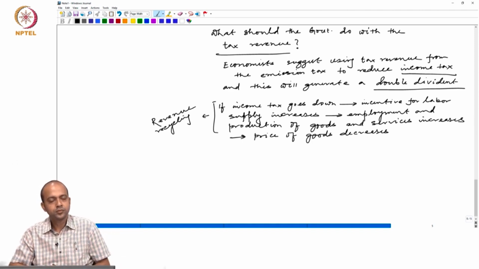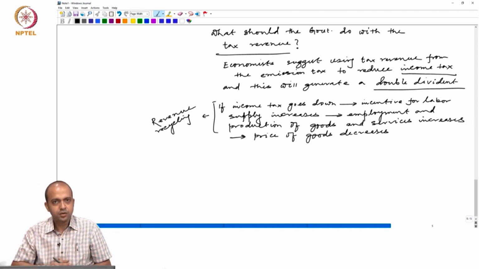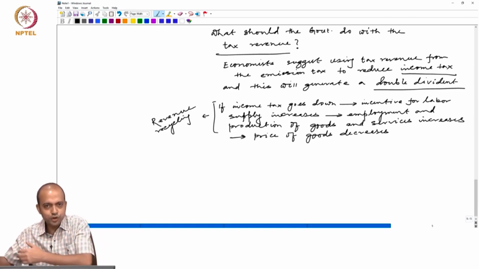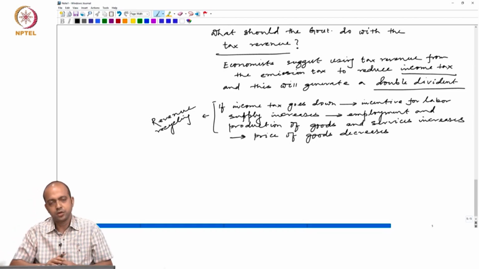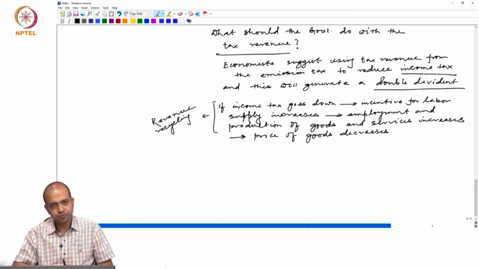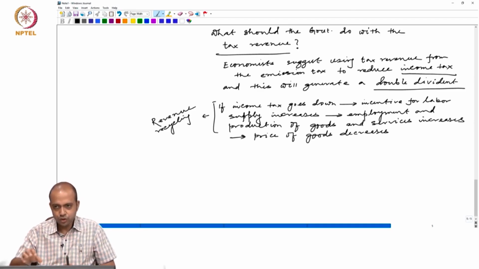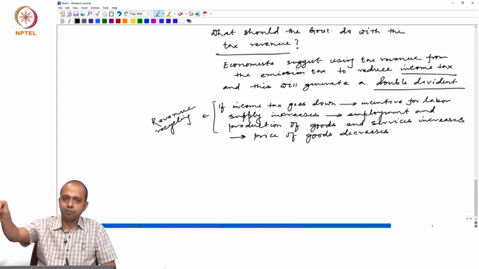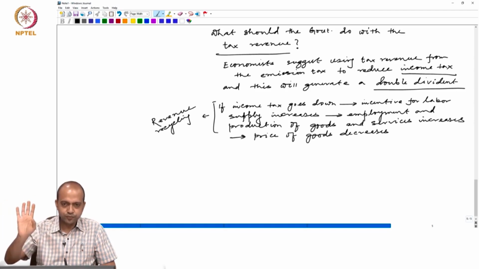Revenue recycling. I am getting revenue from this emission tax, I am using the revenue for some other purpose, to reduce the income tax rate. That gives more incentive for the laborer to work more, labor supply increases, employment will increase, and production of goods and services increases. This is called the revenue recycling effect. So, my pollution is going down, and employment and goods and services are increasing.